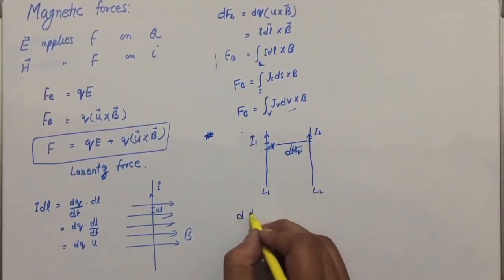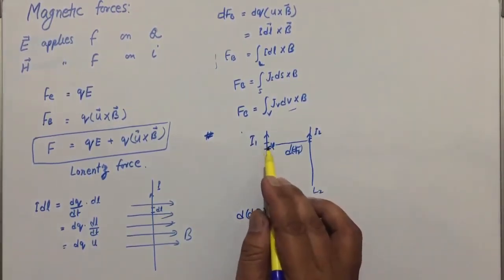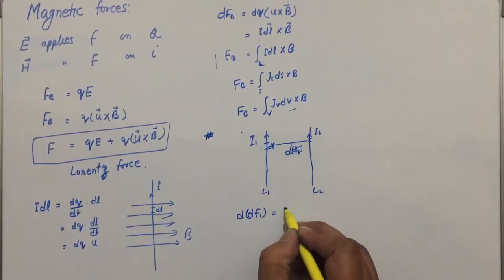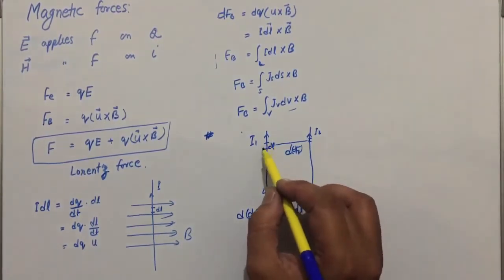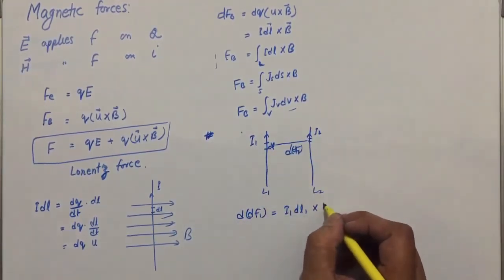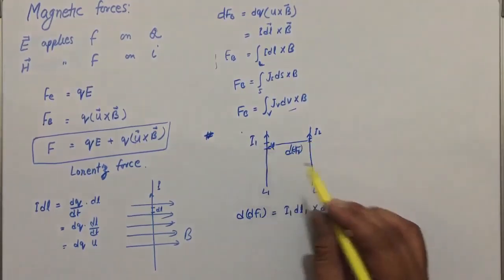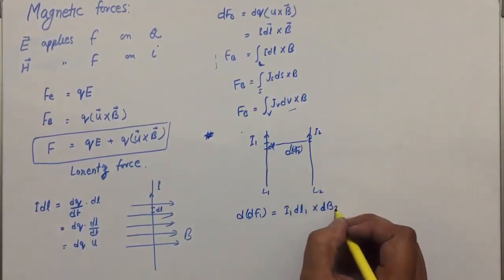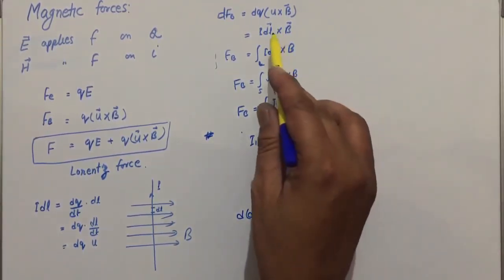According to that, the force experienced at this small element will be I1 dl1 cross the field that is generated by this one here, that is dB2. IdL cross B we have here.